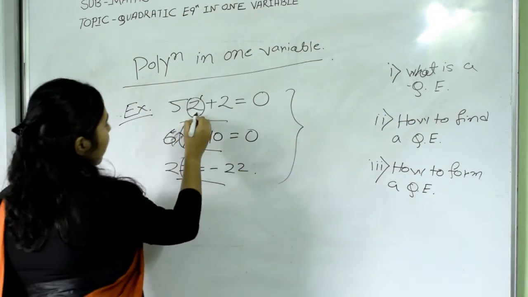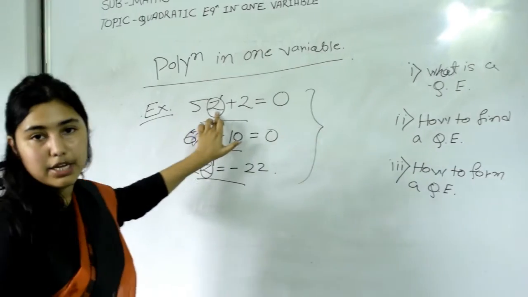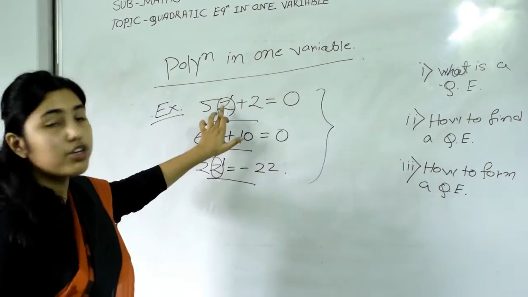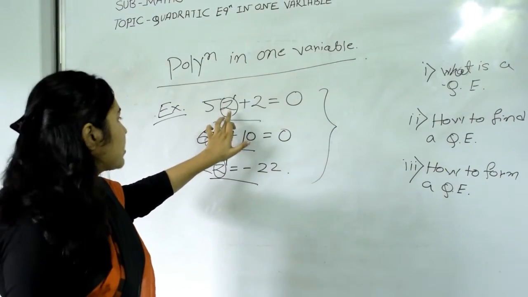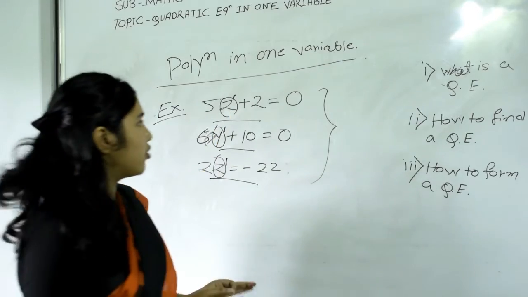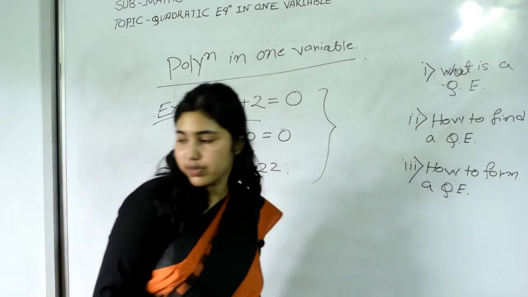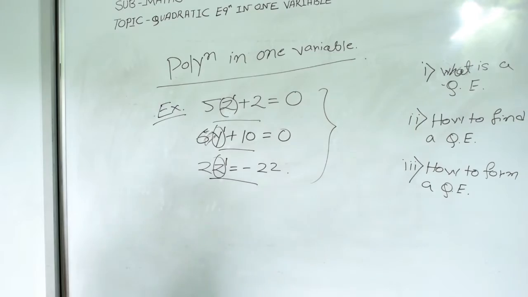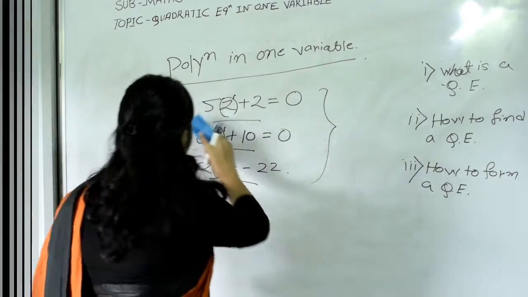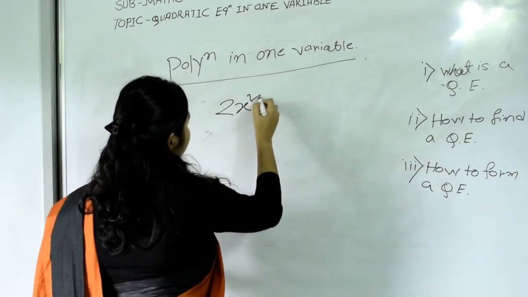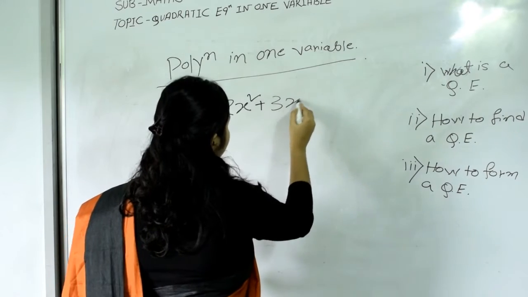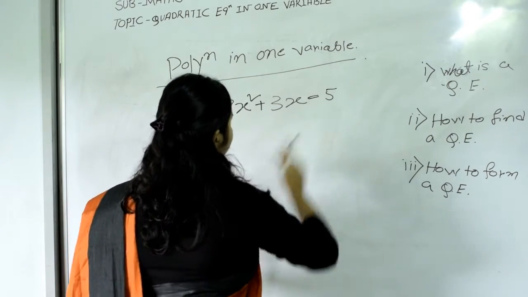If the power of the variable is 2, then this type of equation is known as quadratic equation. For example, 2x square plus 3x equals to 5.